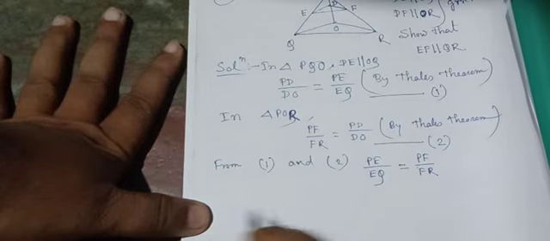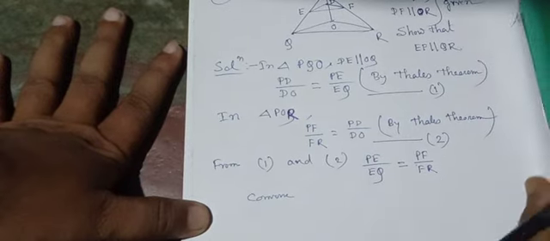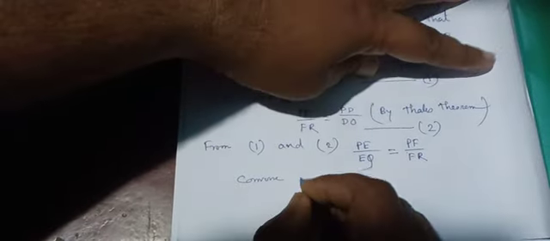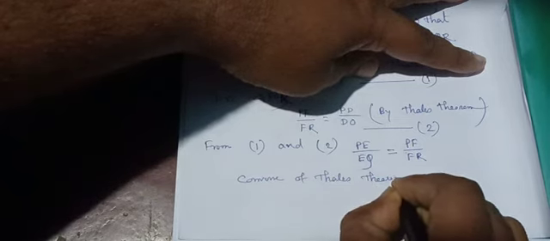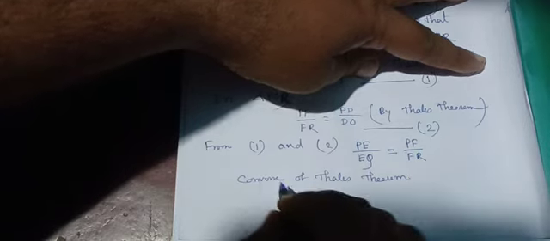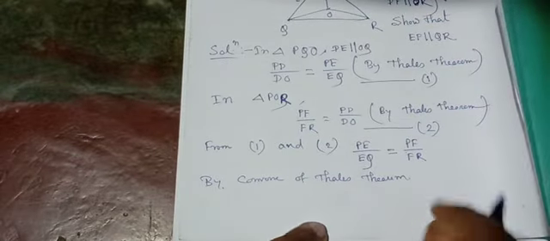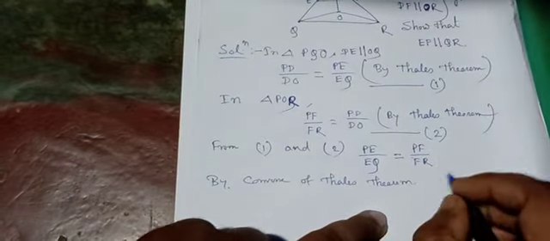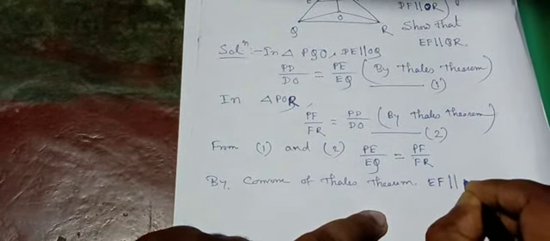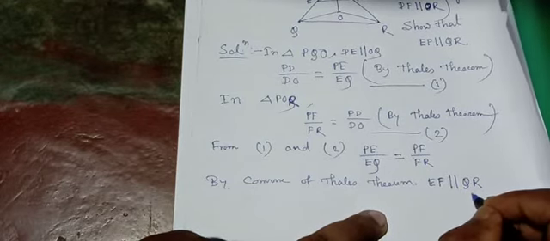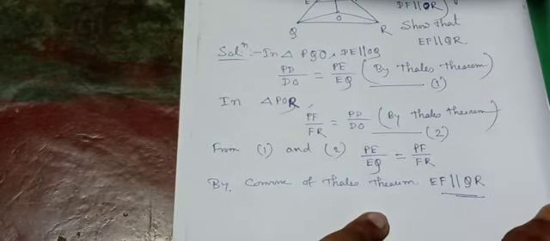Now, by applying the converse of Thales theorem, we can say that EF is parallel to QR. Okay, so it is shown. Hope you were able to understand it. Next, move to another question.